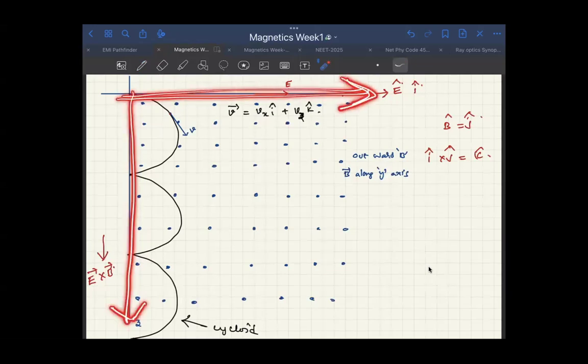If this is the E bar direction, identify the E bar cross B bar direction. First step. Second step, the cycloid will be in the plane containing the E bar axis and the E bar cross B bar axis. And third thing, the curvature is like this, such that this extent is along the x-axis and the length spread is along the E bar cross B bar direction.